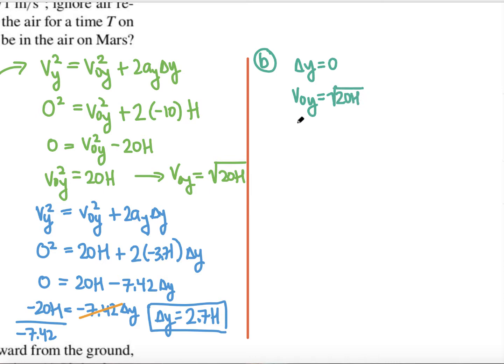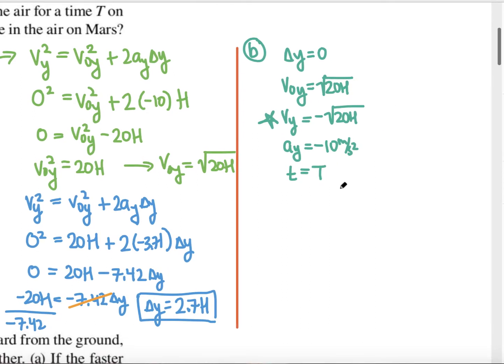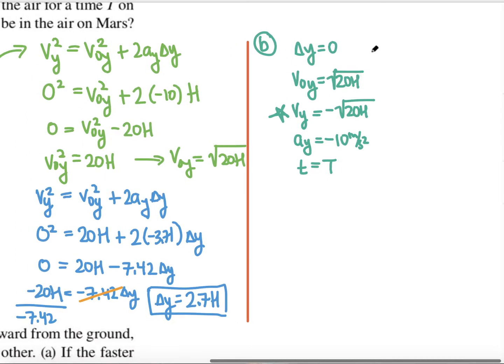We know that our final velocity technically is going to be the negative that because of symmetry. But let's see if we need to use that. Our acceleration is negative 10 meters per second squared, and our time is just capital T. So let's see if we can figure out that T.